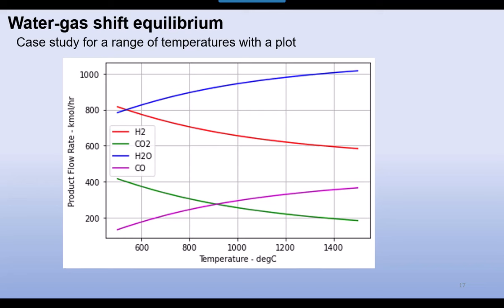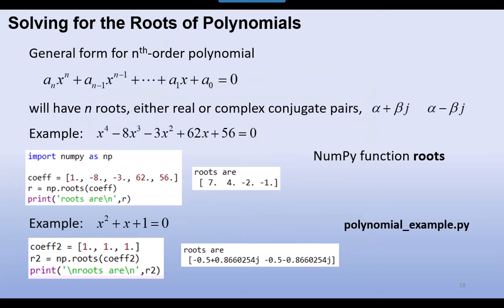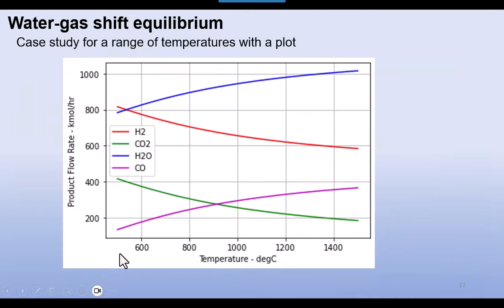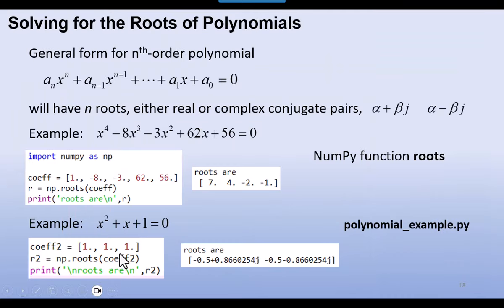Now we're going to move on and consider how we obtain the roots of a polynomial. Here, as we show on this slide, we've got a simple polynomial in x to different powers, and there are a set of coefficients.